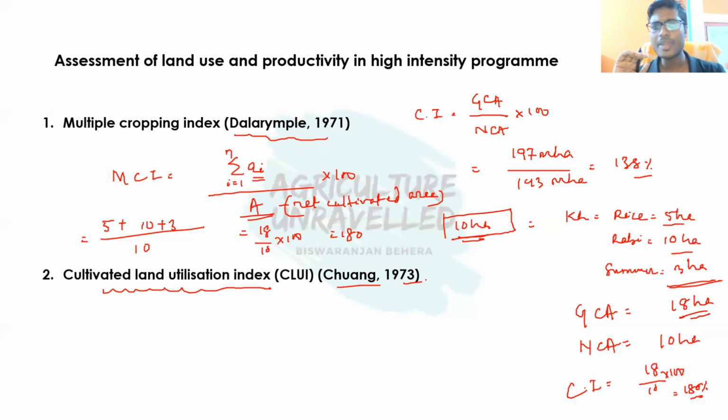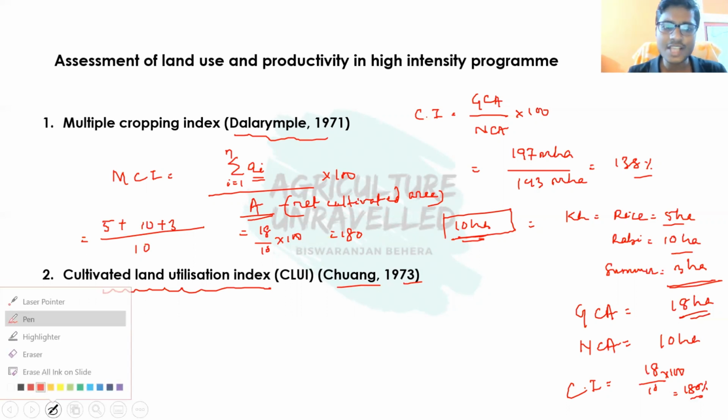Indices like multiple cropping index and cultivated land utilization index indicate whether the available land area in a farm is fully utilized or underutilized. To know the efficiency of utilization of land in a farm, these types of indices are used.